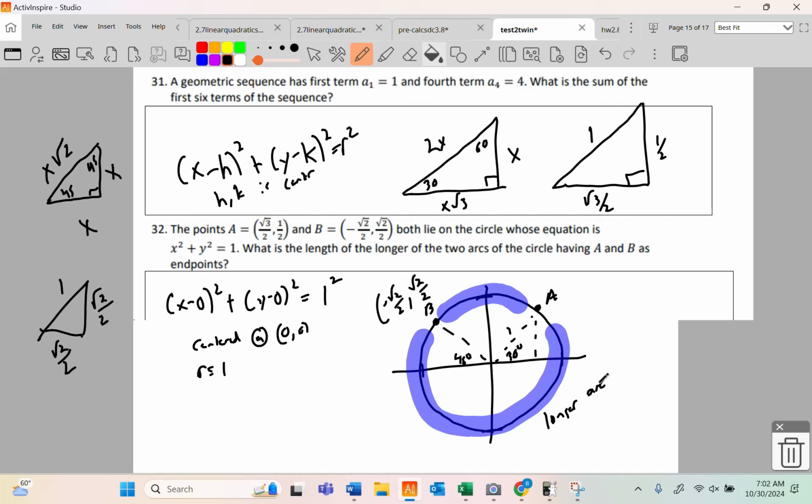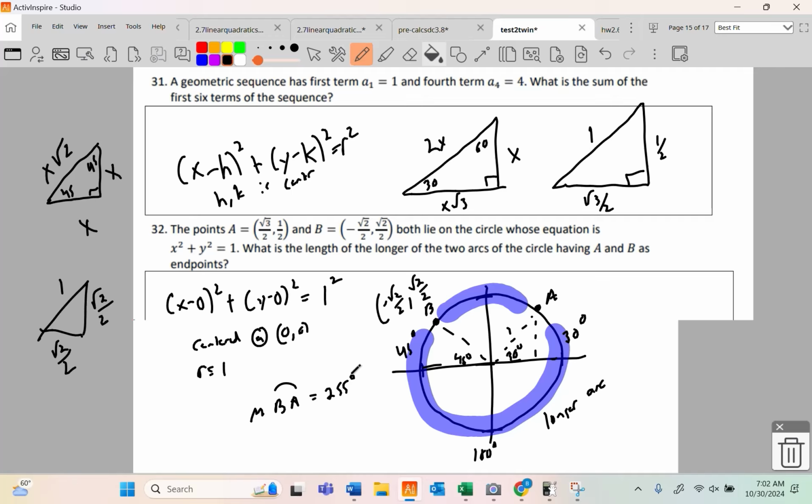That arc has a semicircle of 180 degrees, and it has 45 here and 30 here. In degrees, the arc contains 255 degrees. So the measure of major arc AB is 255 degrees.